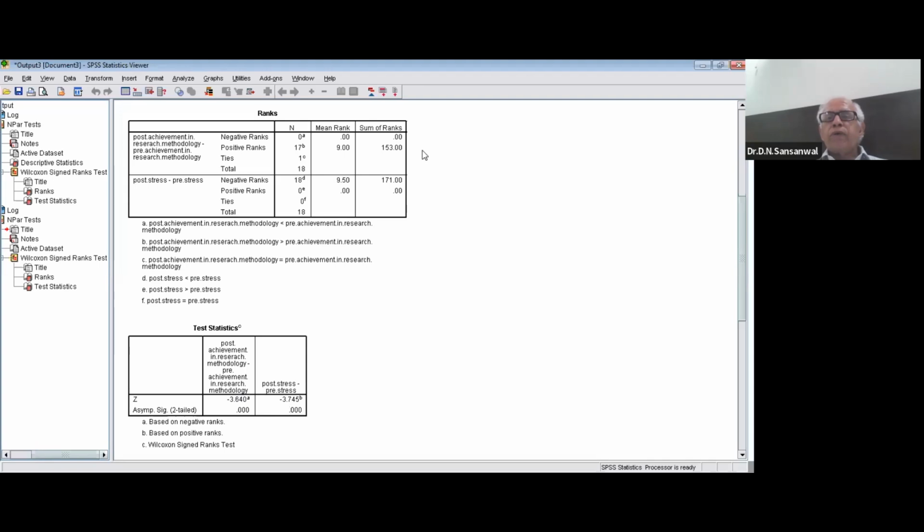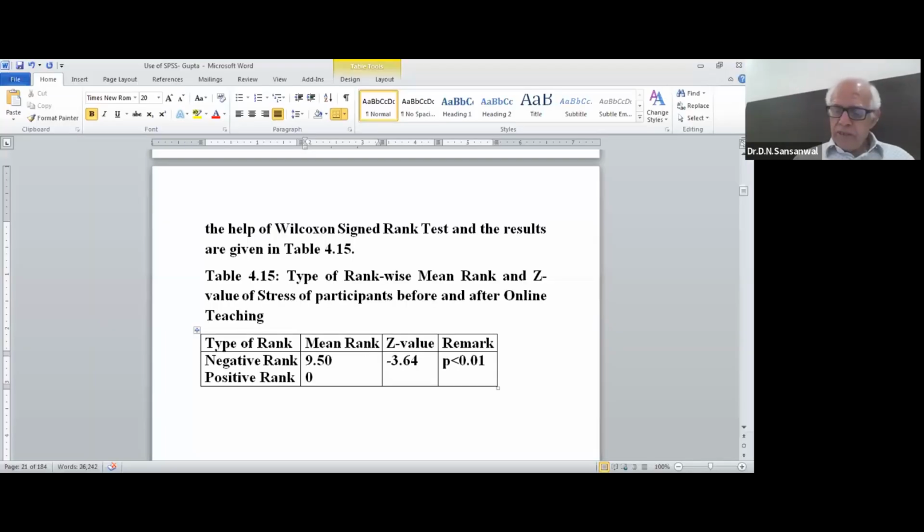So now we go here: my negative is 9.50, my positive is 0, and my Z value is 3.745 and it is significant.